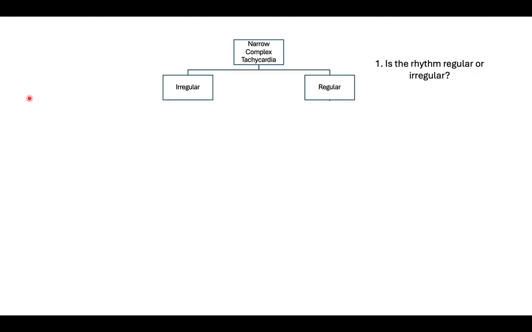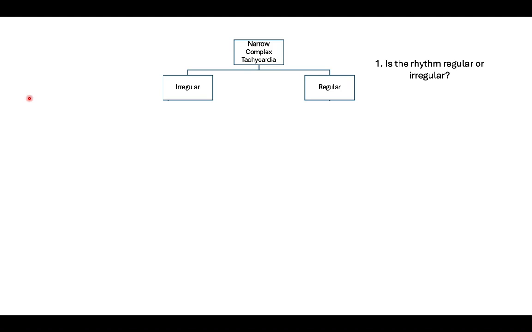I think the big takeaway here is that it's important to have a diagnostic approach that works well for you and makes sense, and also have in the back of your head that sometimes you're going to need advanced maneuvers to be able to even differentiate these rhythms, and that's something we'll comment on throughout this session.